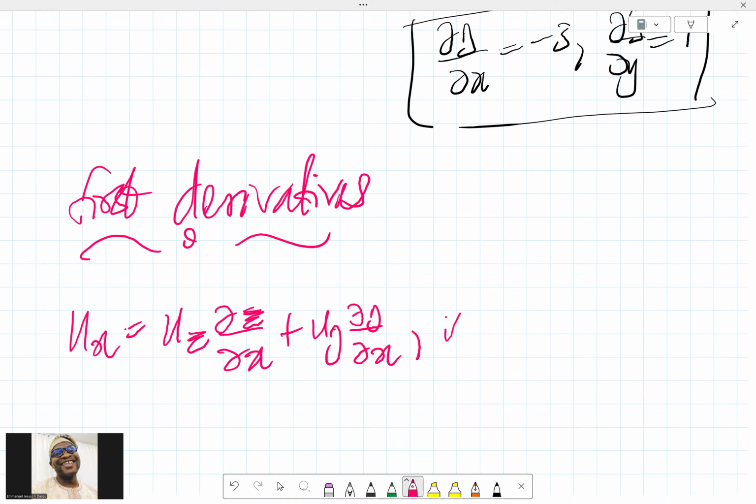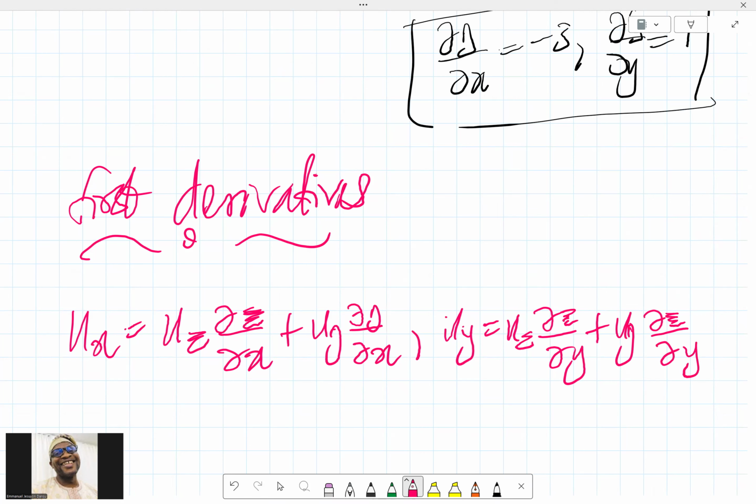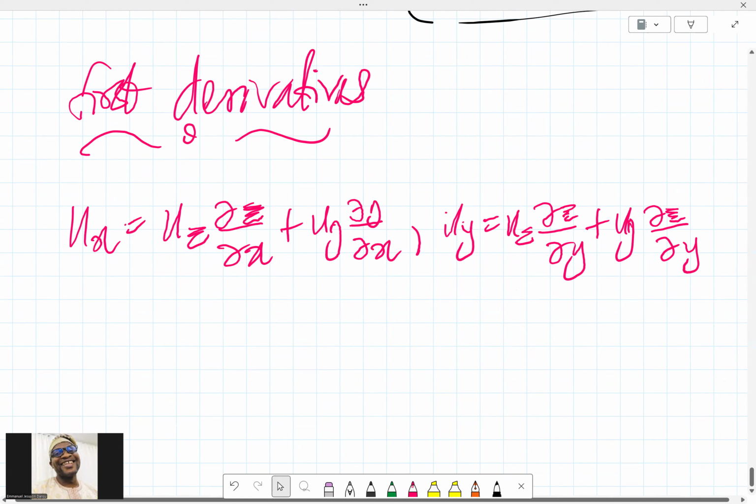And this also tells us that u sub y is u psi, partial psi, partial y, plus u eta, partial eta, partial y. If we have all this put together, then we can sort all of these things out.